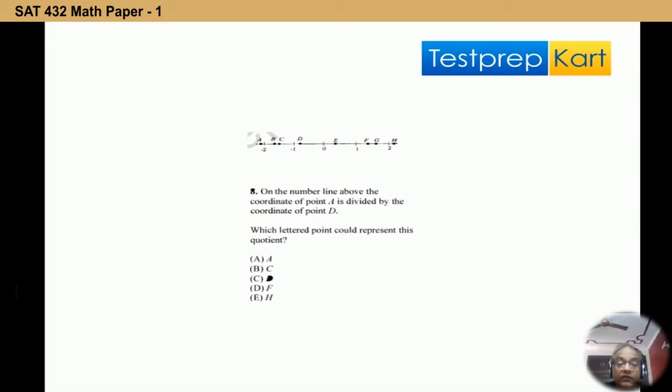So here you have A, B, C, D, E, F, G, H, etc. This is a number line.